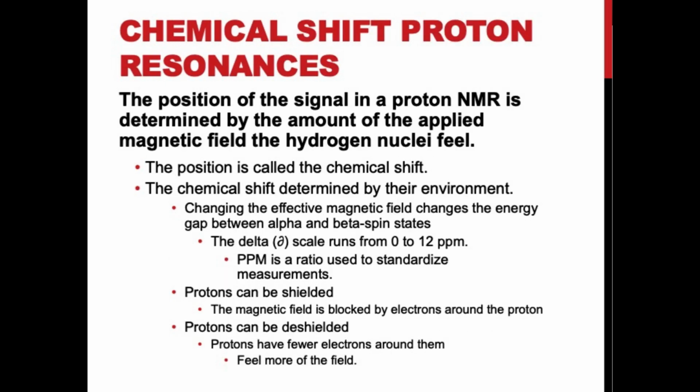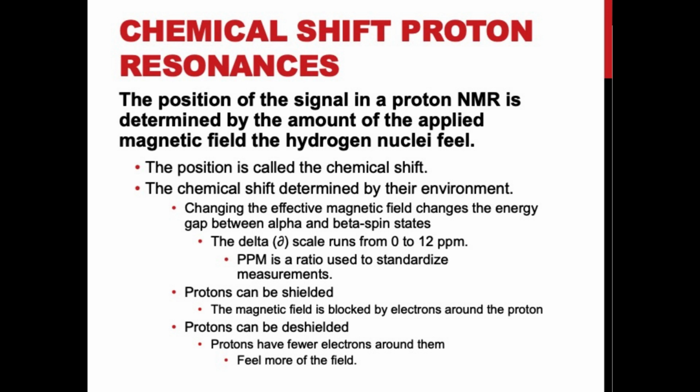The next thing that you look at is the chemical shift. So this is where on the spectra does your signal fall. And where your signal falls is based on how much magnetic field in total the hydrogen nuclei feel from the NMR.